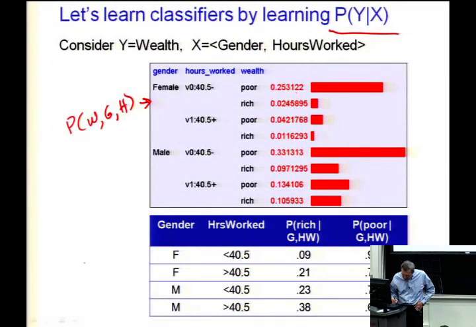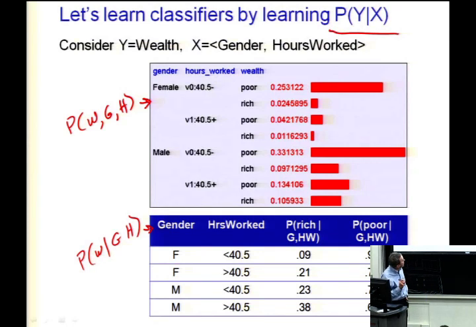We could also instead build a table, which we could calculate, of course, from the joint, for the probability of the variable wealth given the values for gender and hours worked. And that's what, in fact, this table is. Right? So why are these numbers different? Well, it's a different table. How are they related?